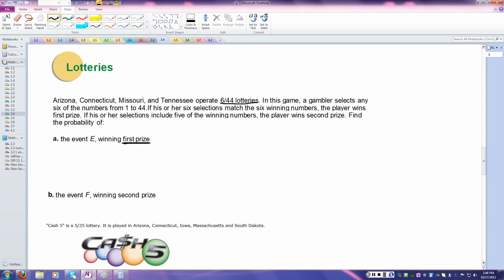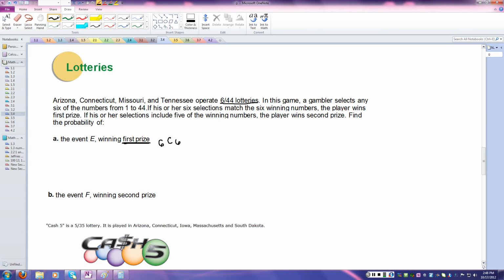So the order doesn't matter when you play the lottery. In this lottery, the order doesn't matter. So the probability, so I need 6 numbers and I'm picking 6 of them. There's only 6 winning numbers.